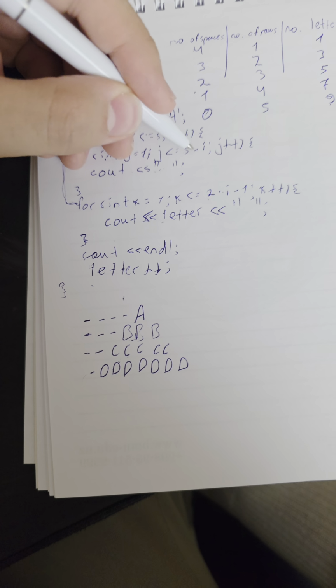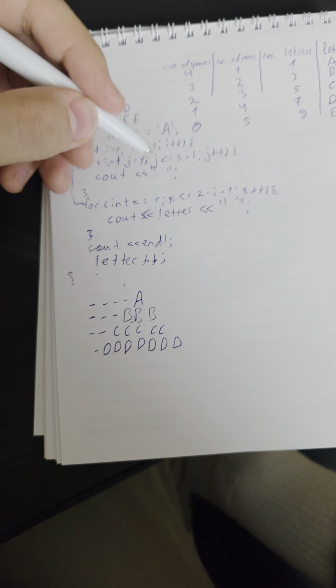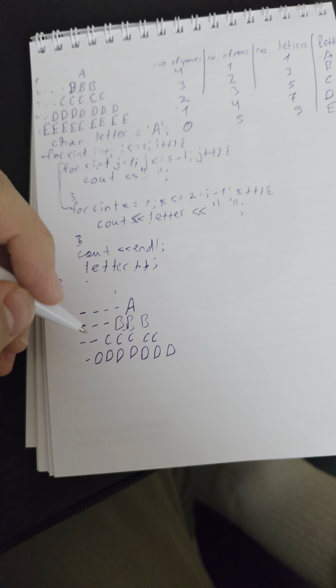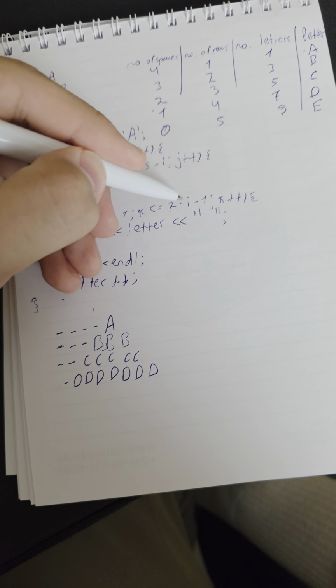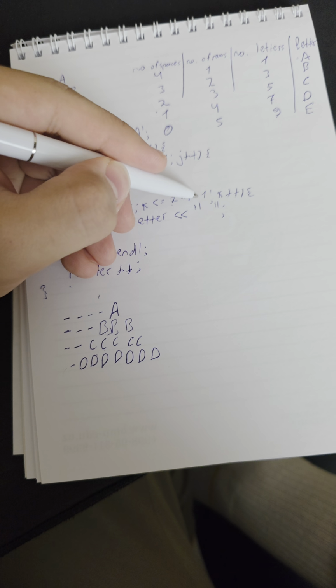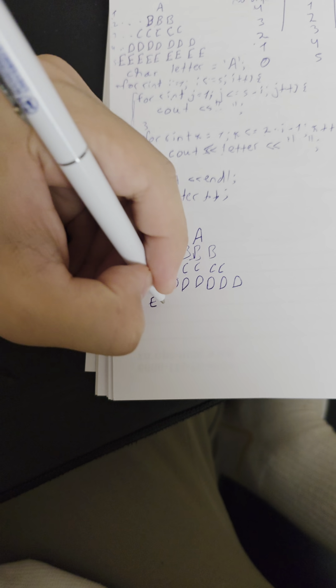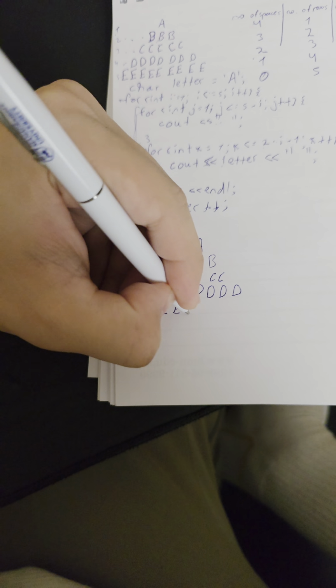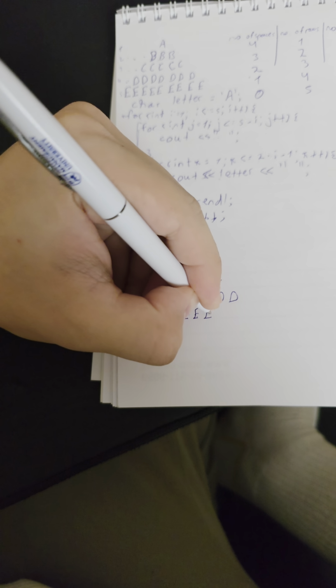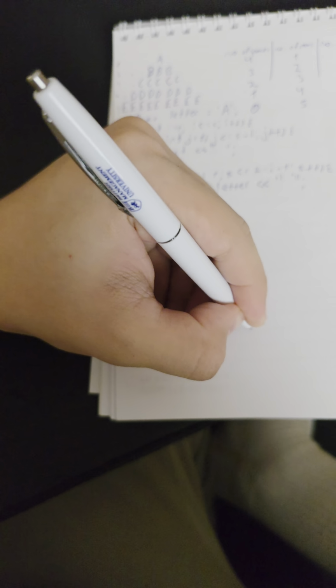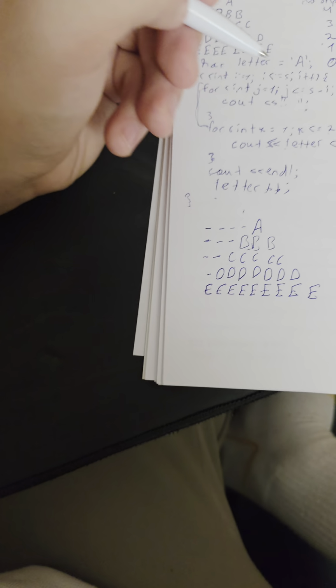5 minus 5 equals 0. So the number of spaces will equal 0, and 2 times 5 is 10. 10 minus 1 is 9. So it will print E 9 times. 1, 2, 3, 4, 5, 6, 7, 8, 9 times.